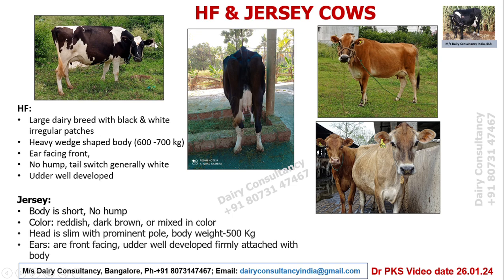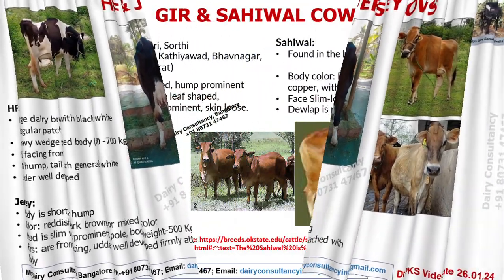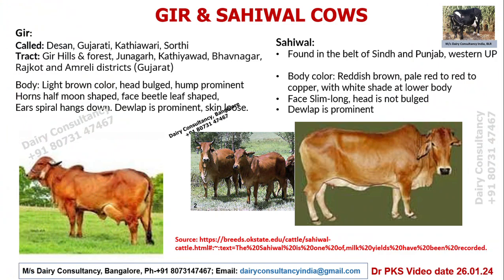Similarly, the ear facing in front you will find in the HF also, but the Jersey ear and HF ear are different. HF ear has a long base. Jersey ear bases are very small. So these are certain characters we have highlighted here for the benefit of farmers and entrepreneurs, who can just look at this and find how they can identify HF and Jersey.